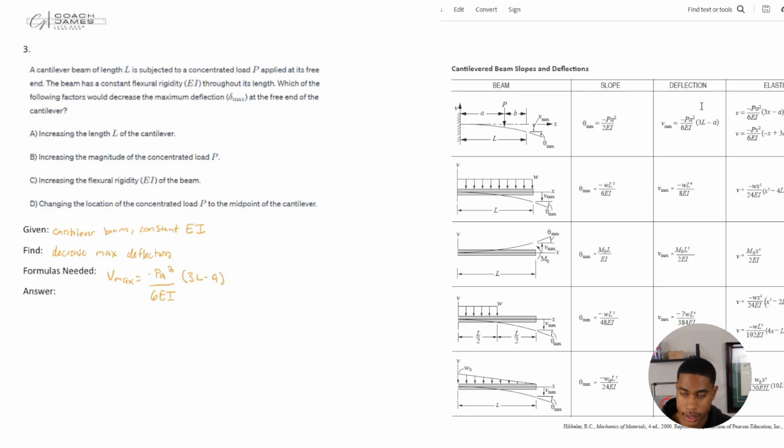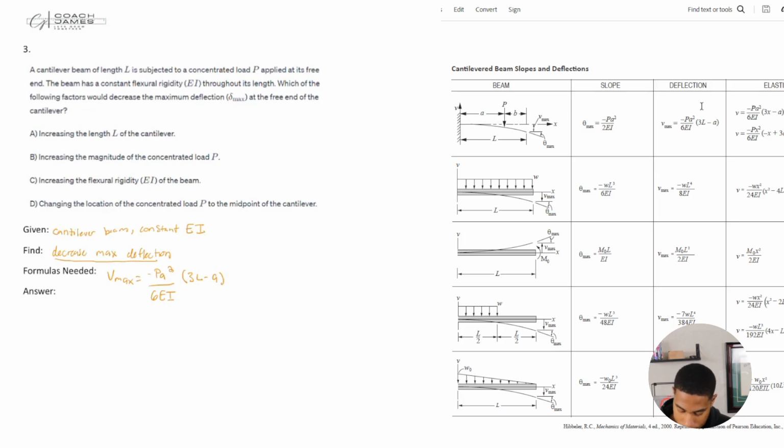And so even with, this is a conceptual question, but sometimes you can use formulas to understand the concept, right? So in this case, I'm going to go through each of the choices and see which one will decrease the max deflection, all right?